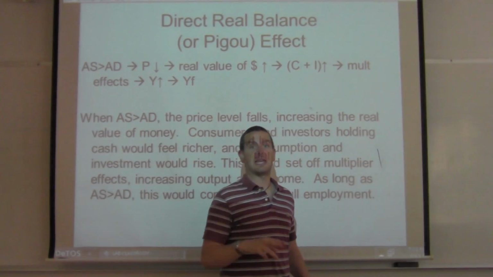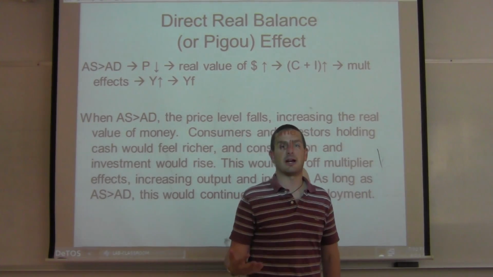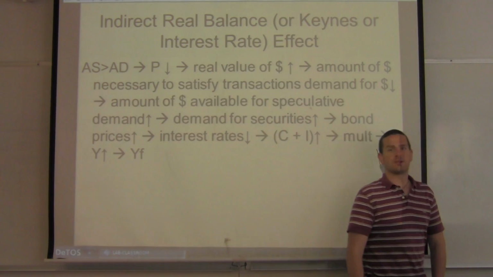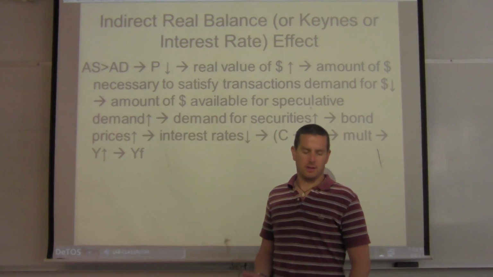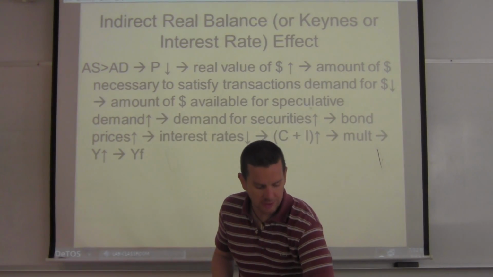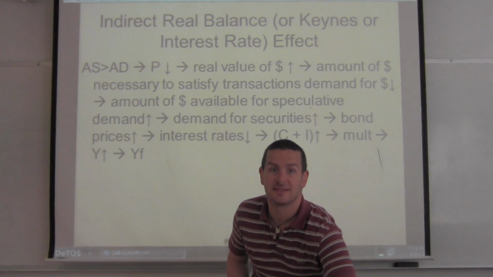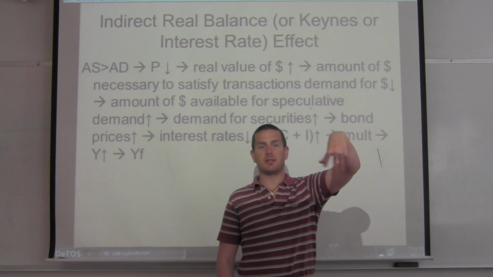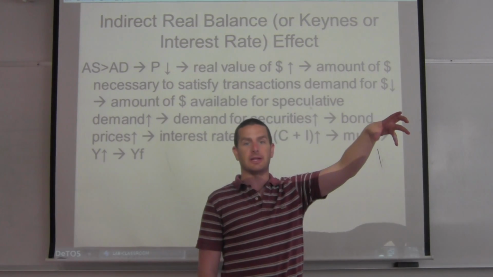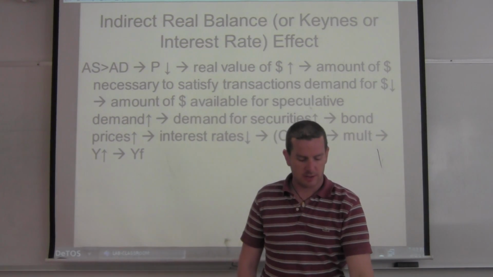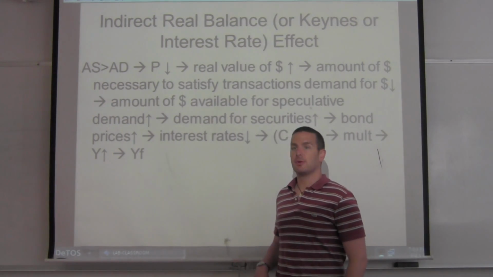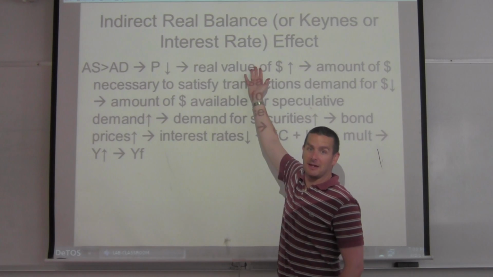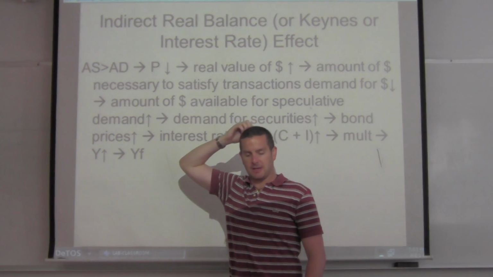There's one more, the Keynes effect, or the indirect real balance effect. And this is ultimately where Keynes's influence sort of came to an end, and he was just left with the post-Keynesians following him. His run came to an end when they put his name on an effect, on the Keynes effect.